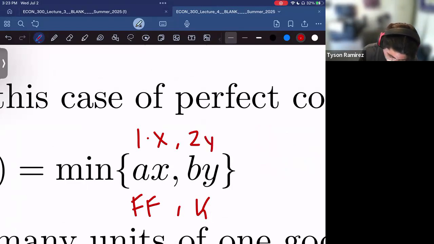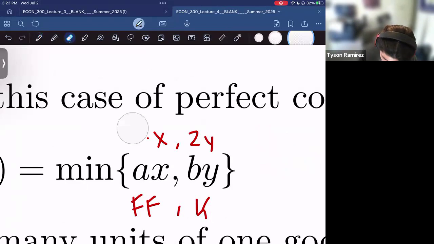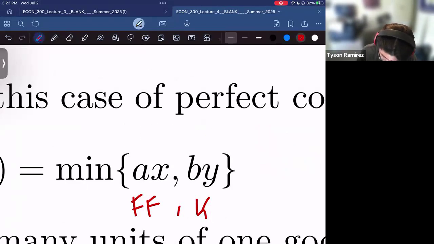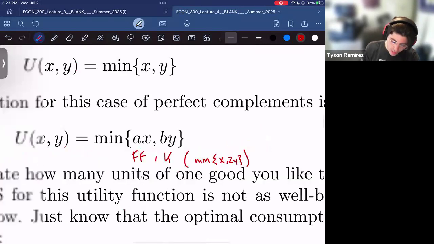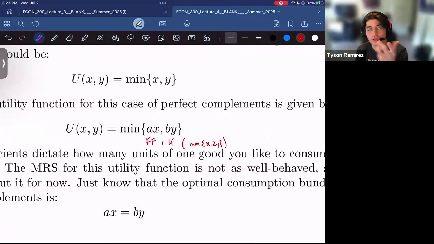Then it would be min of X comma 2Y. This is a general form. The coefficients correspond to the number of things that you want to equate.